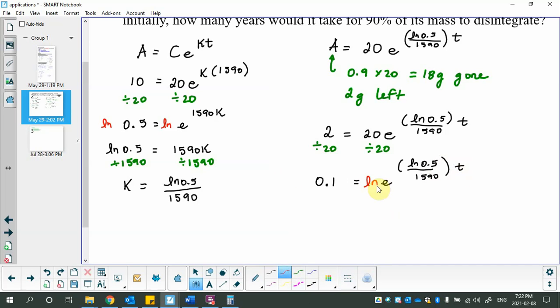I want to get rid of the e to get the exponent down on the ground, so I have to ln, but I have to ln both sides. So ln 0.1 is equal to ln 0.5 over 1590 t.